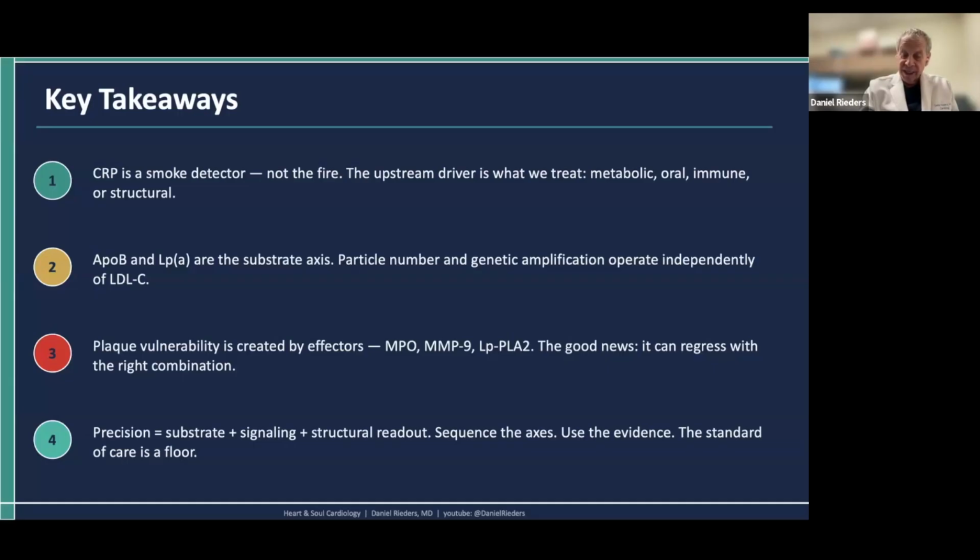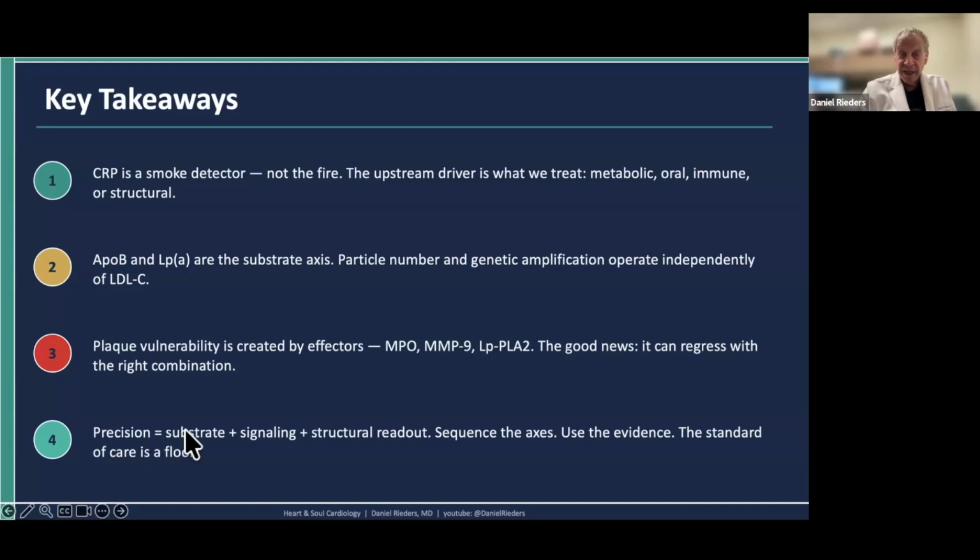A 20, 30, 40, 50% obstruction of a coronary artery would not cause symptoms. You'd get a negative stress test. So you haven't really known if you have vulnerable plaque or not. You don't know.